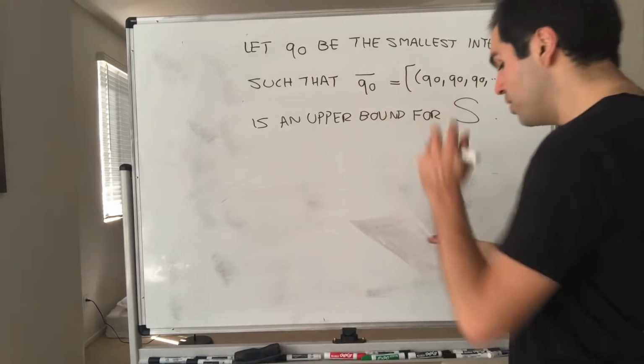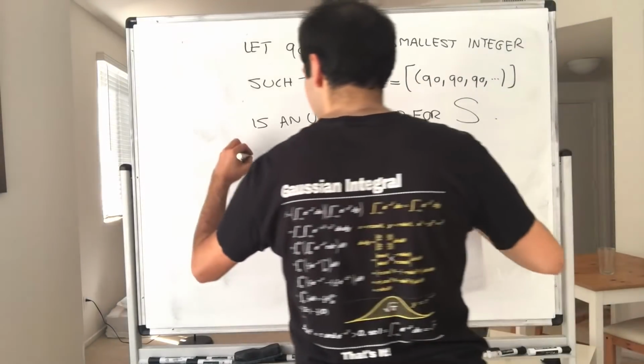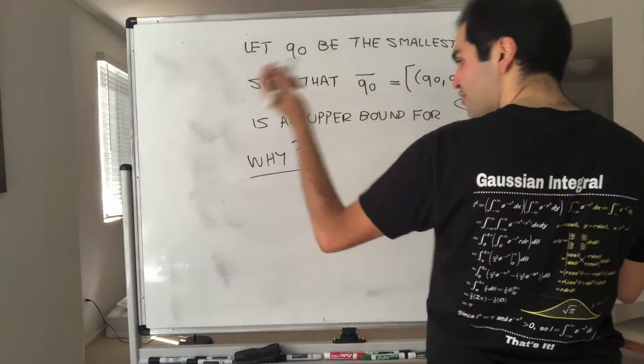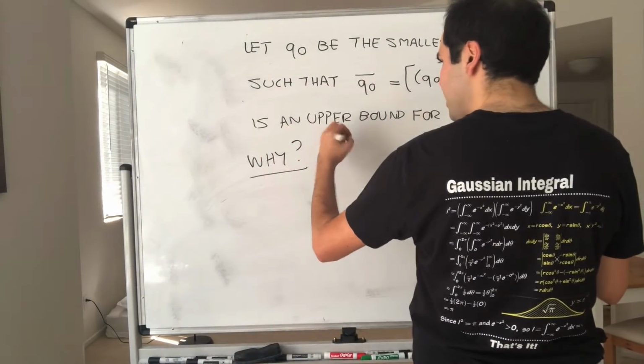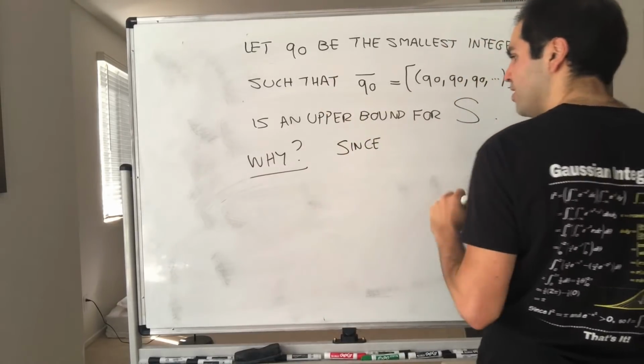So let's talk about the upper bound first. So let's talk about Pn. By the definition of Cauchy, and here I'll use a very specific value.